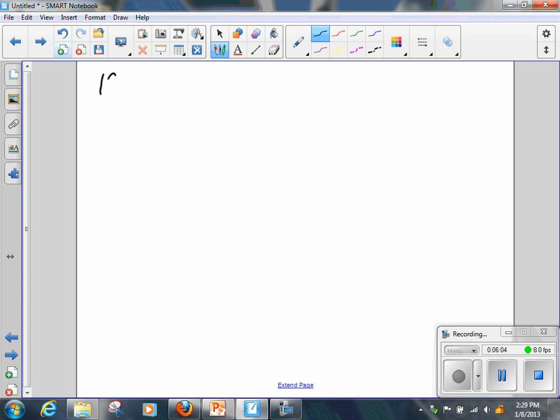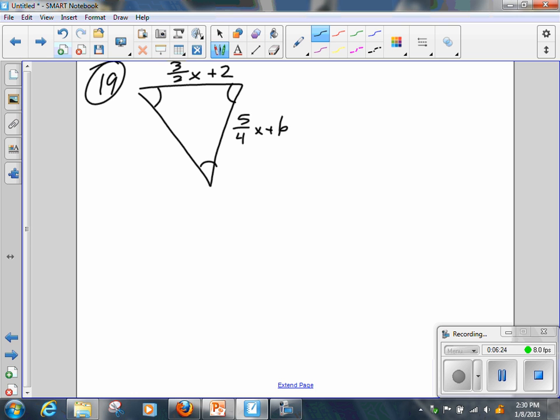19. Here we go. Look alive, folks. What kind of triangle is this when all the angles are equal? Equiangular. Good, Cody. 3/2 x plus 2 and 5/4 x plus 6.